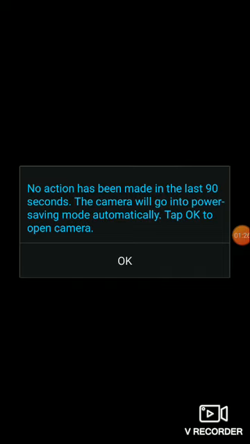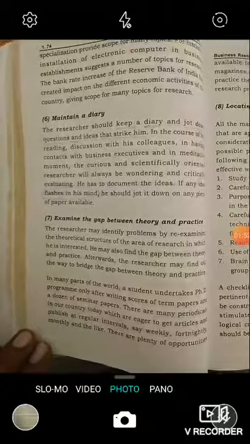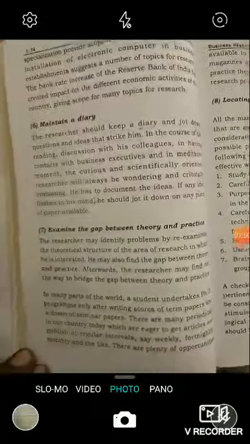In order to develop any new ideas or concepts, that area we can consider as a research problem, or you can keep a diary. Whatever ideas come to your mind, you can note it down. It will give some clarity to make a research area or problem.